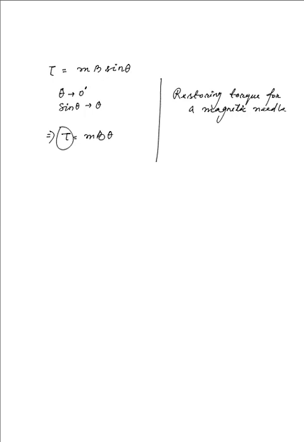In that case the restoring torque is tau r, which is equal to tau, and the expression for tau r is simply I times alpha, which is the expression for torque. What is I and alpha? I is not the current, but let me write it as something different. This is I, and this is obviously the moment of inertia times the angular acceleration.